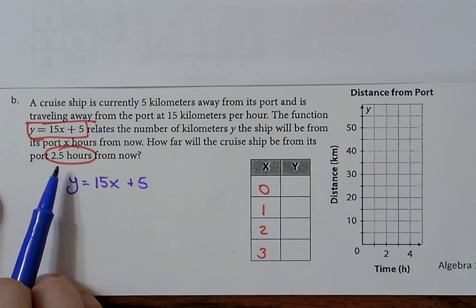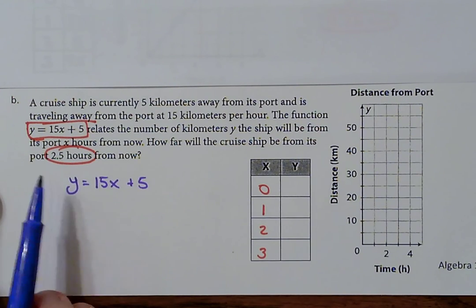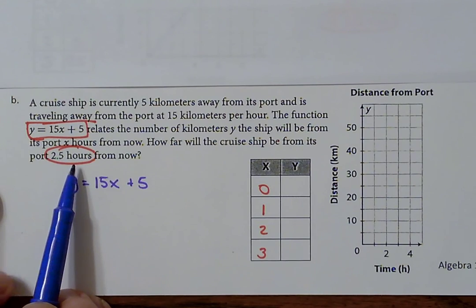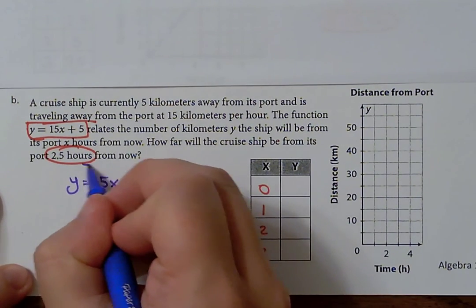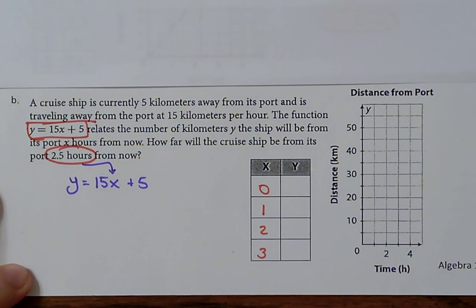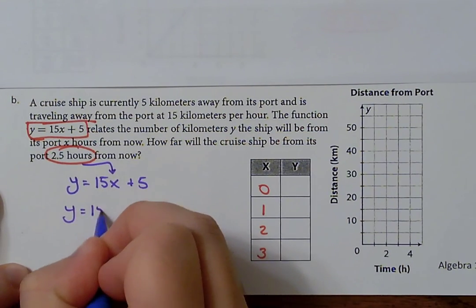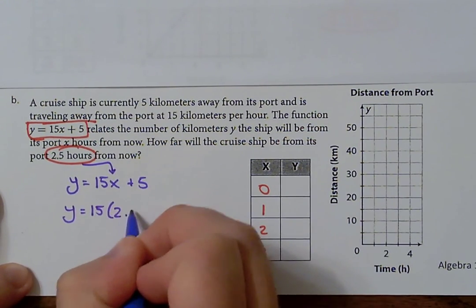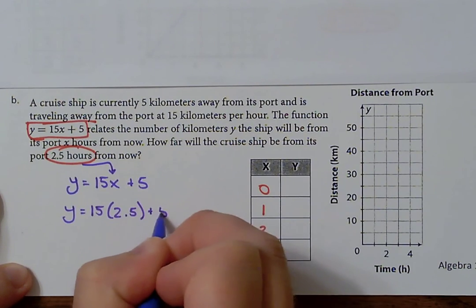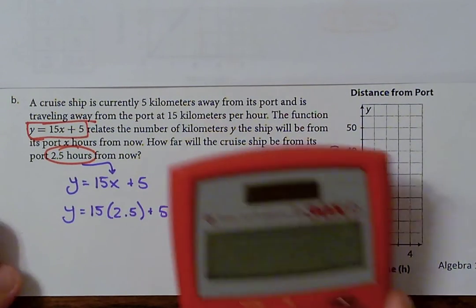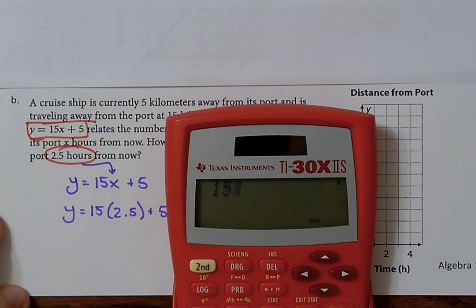They want to know, really the ultimate answer is how far the cruise ship will be after 2.5 hours. So what you're going to do is take that 2.5 and plug it in for x. So we're going to have y equals 15 times 2.5 plus 5. So we'll just go through and type that into our calculator.